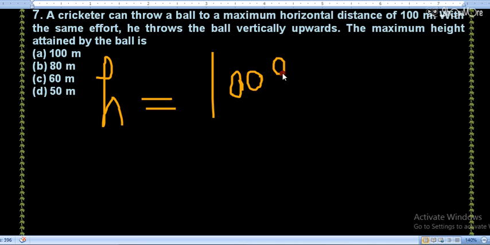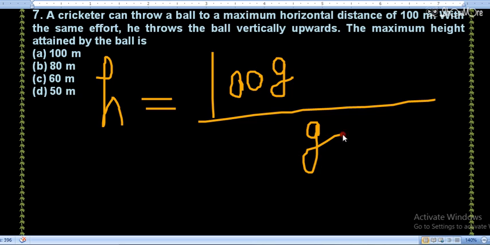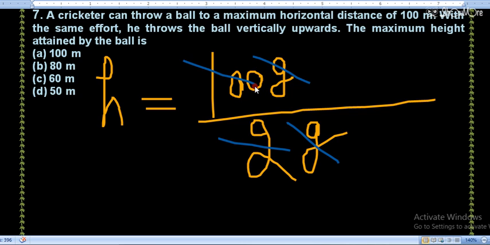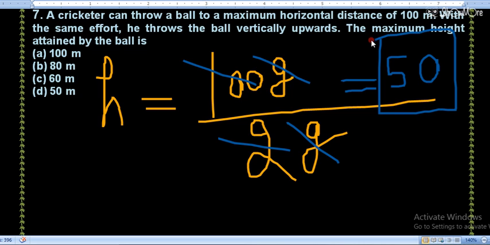So 100 into g, sine 90 obviously 1. In the denominator we have 2g. For the height relation we have 2 in the denominator, keep in mind. So now g and g will cancel out, and the maximum height will come out to be 50 meter. So 50 meter will be the right answer for question number 7.